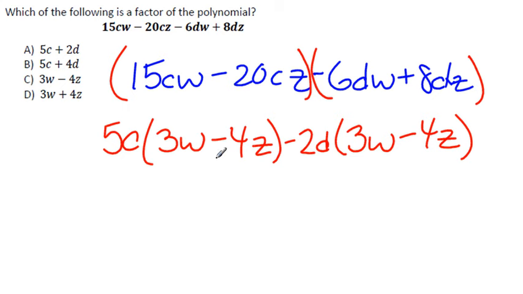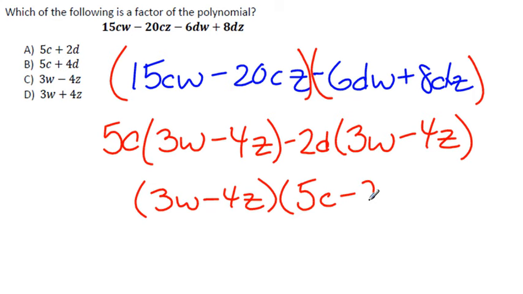And if you look again, I see that these two terms are the same, so I can factor them out. So I'm going to be left with 3W minus 4Z times 5C minus 2D. Okay, and if I look at my choices, let's see which one shows up.